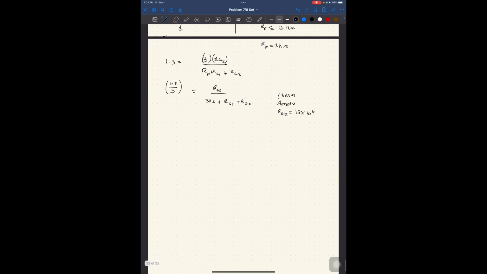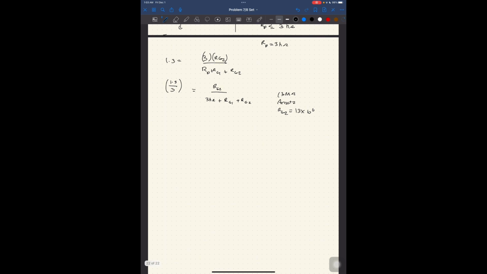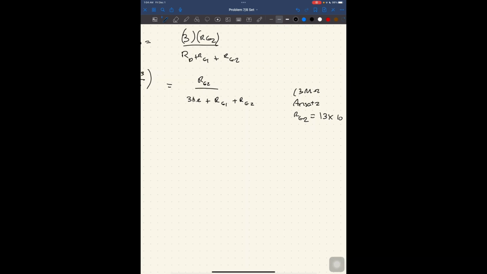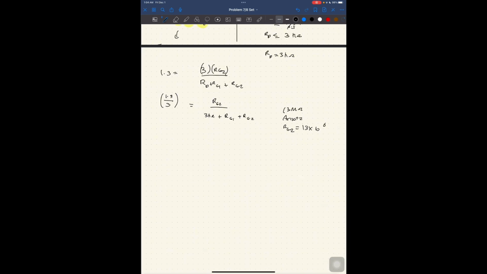If you had done it the other way, you would get something wrong, and therefore you would know that you have to take the other guess. But let's take the guess. Let's assume that RG2 is equal to 13 times 10 to the 6. So 1.3 over 3 is equal to 13 times 10 to the 6 over 3 kilo ohms plus RG1 plus 13 times 10 to the 6.